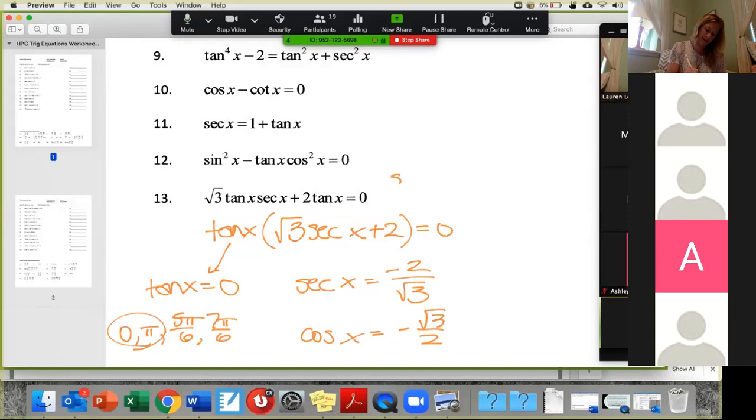Tangent is defined as sine over cosine. So I'm not worried about the sine, but the cosine at 0 is 1. Cosine at pi is negative 1. Those are fine. Secant is defined as 1 over cosine. Same thing there. Cosine at 0 is 1. Cosine at pi is negative 1. So those should be fine for all of them.